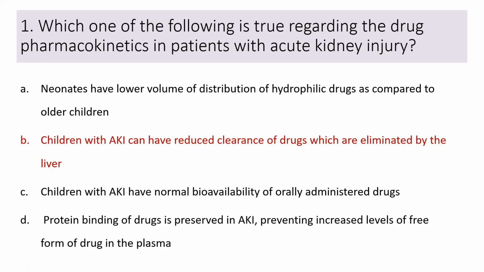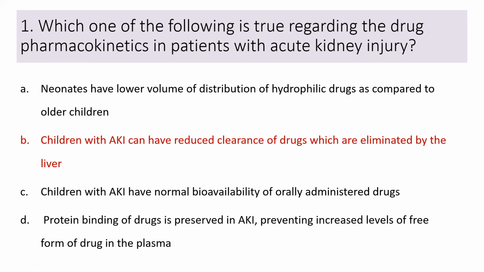So the neonates do have a higher volume of distribution because their total body water is more as compared to the older children. So the volume of distribution is higher in them. So that sentence is incorrect. And children with AKI, as Partha has correctly covered, can have decreased bioavailability of orally administered drugs because of various reasons, because of the gut edema or other problems like vomiting and gastroparesis in uremic condition.